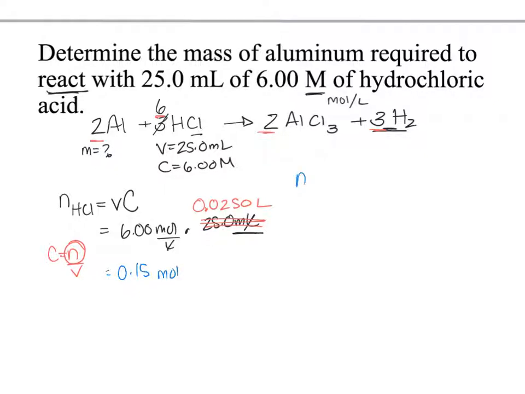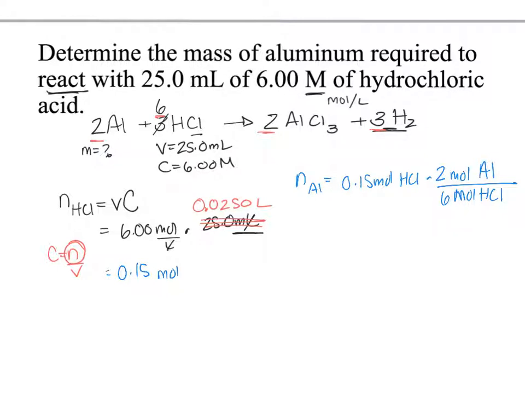Now I need to figure out the number of moles of aluminum by using the mole ratio. So this was the moles of HCl. I don't want moles of HCl, so I'm going to put the 6 moles of HCl down here. And I do want moles of aluminum, so I'm going to put that up there.